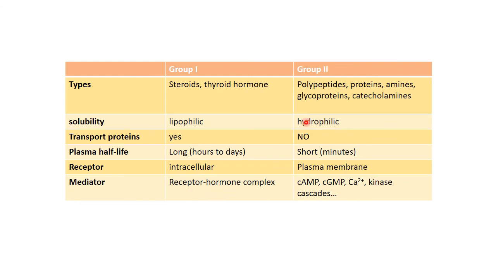However, in the case of the hydrophilic hormones, the binding of the hormone to its membrane receptor will induce the production of a second messenger such as the cyclic AMP that we have seen.